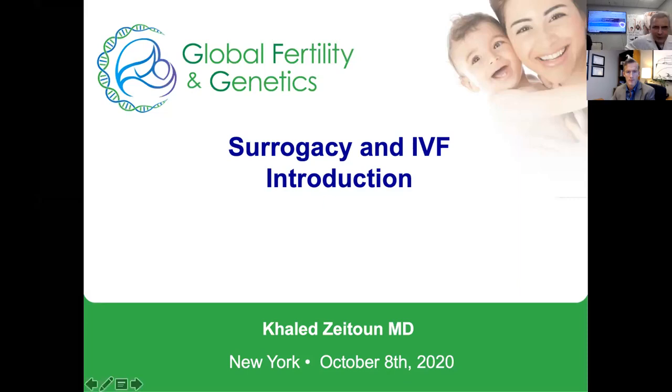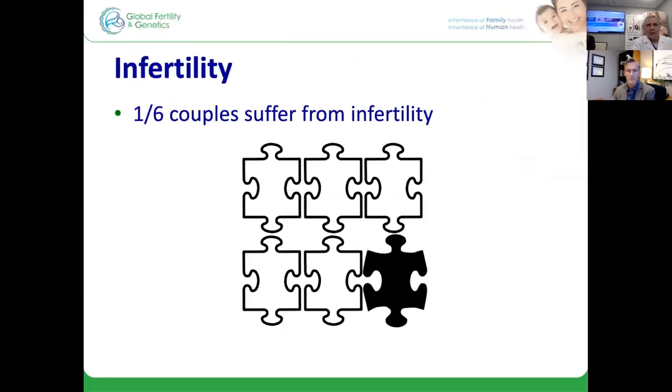Hello, hi. I'm going to go through a little bit of the medical aspects of infertility and surrogacy and what decisions we need to think about when we do these cases. Right now, we have about 1 in 6 couples that suffer from infertility and need some medical help to have a baby.